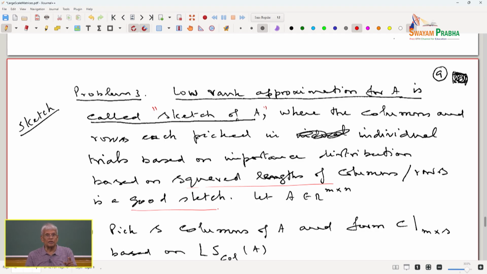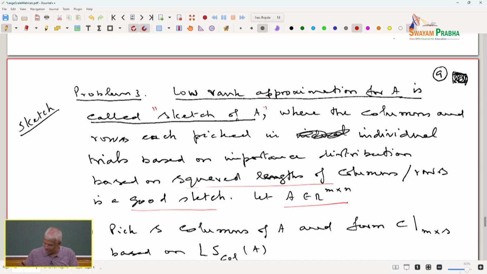So, understand please, until now we either sampled the columns of A and the rows of B. Now, we are going to also sample the columns of A and the rows of A, because there is no B. I am simply interested in developing a sketch for the matrix A.